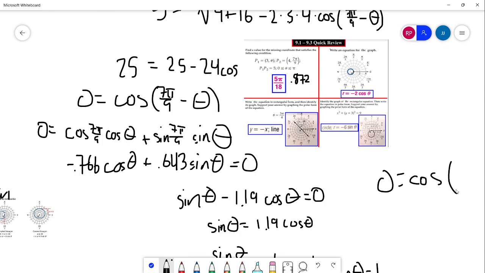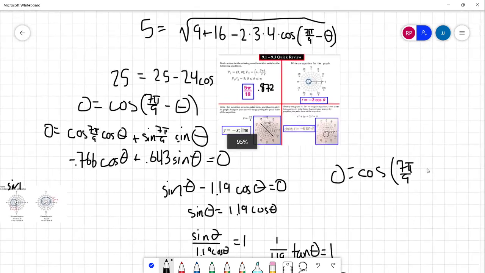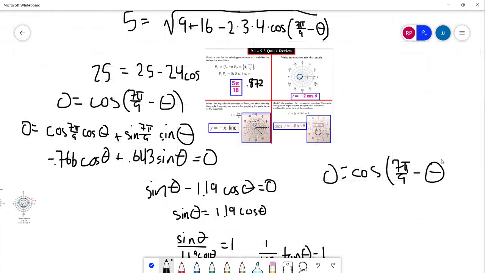0 equals cosine of 7 pi over 9 minus theta, and we know that cosine is 0 at pi over 2. So we say that 7 pi over 9 minus theta equals pi over 2. And then that becomes a lot simpler, doesn't it?